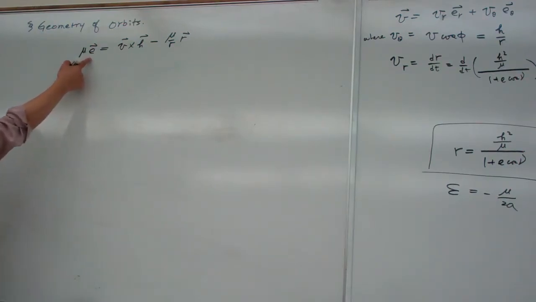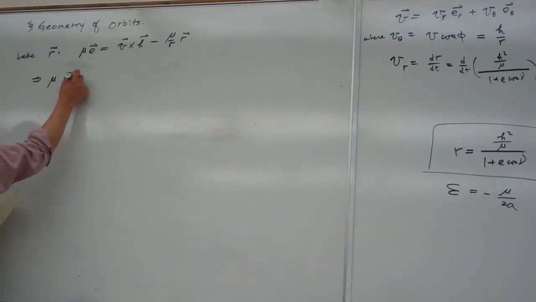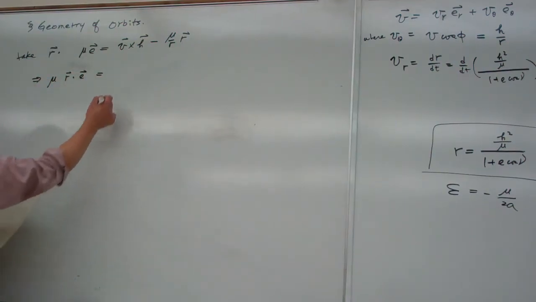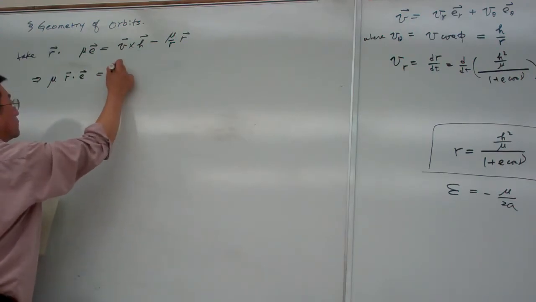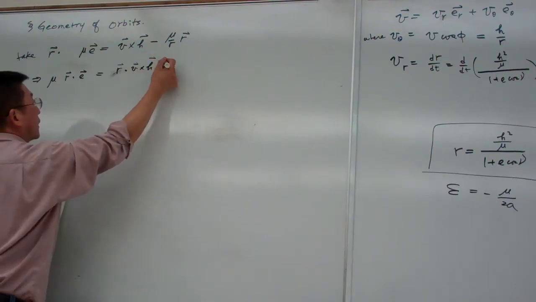So this is the eccentricity vector. Then we simply take the dot product of r with these vectors, and then we see. Okay, so therefore, on the right hand side, r dot v times h minus mu.